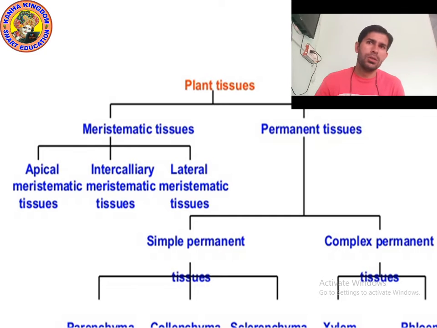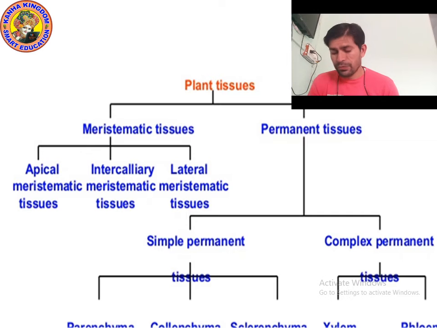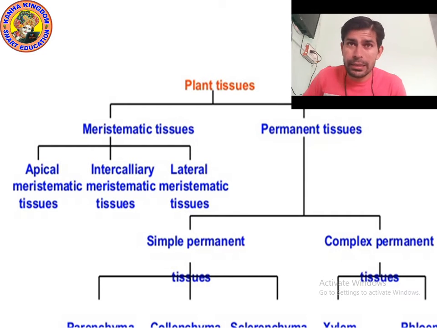Let's revise. What do you mean by tissues? Tissue is a group of cells which perform a specific function. There are many types of cells which group together and form tissue.